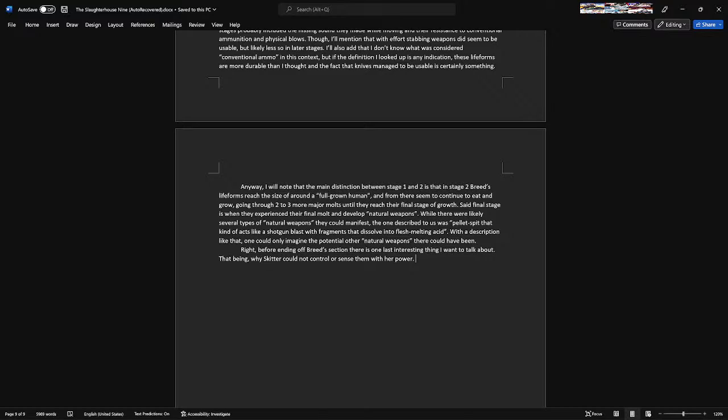For ending off the breed section, there is one last thing I want to talk about. That being why Skitter could not control or sense them with her power.